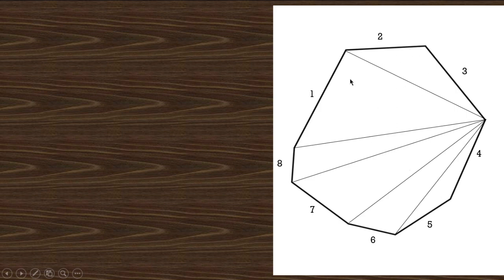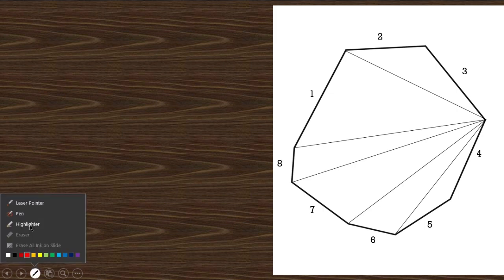So we can join here and see what we got. We got the triangles. There is no intersection of diagonals, and all the angles of the triangles are actually the angles of the octagon only. The one angle of all the triangles are making one angle of the octagon. This is also the angle of the octagon.